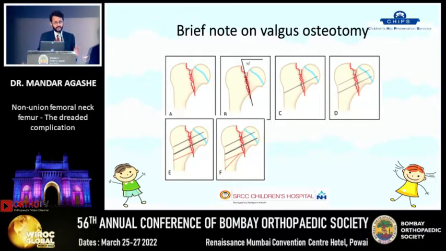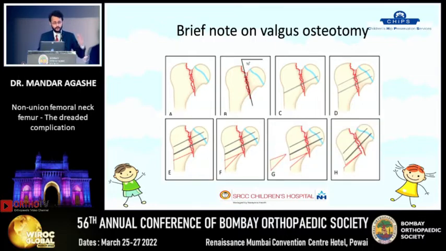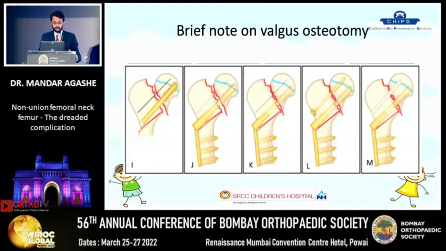A small wedge can be removed which allows for easy valgization like this. Once the valgus is achieved, you can see that the Powell's angle has decreased. You can then put the DHS screw and fix it with the DHS plate. Usually with valgus osteotomy, remember you should lateralize the shaft, only then will the mechanical axis be corrected.